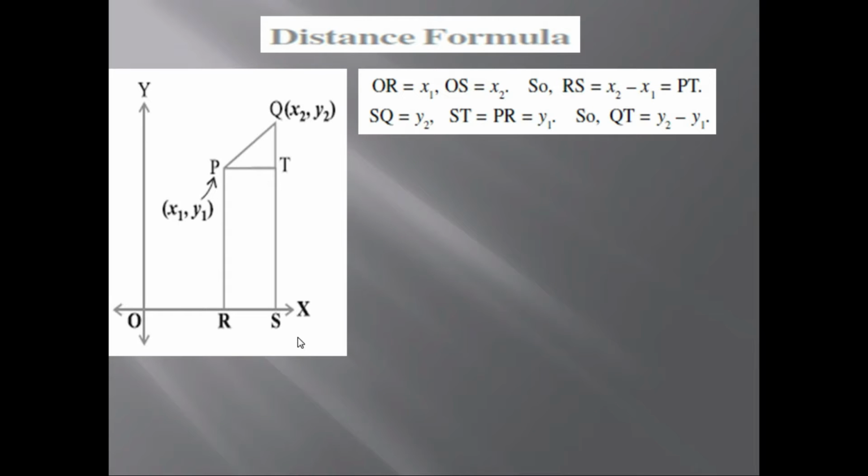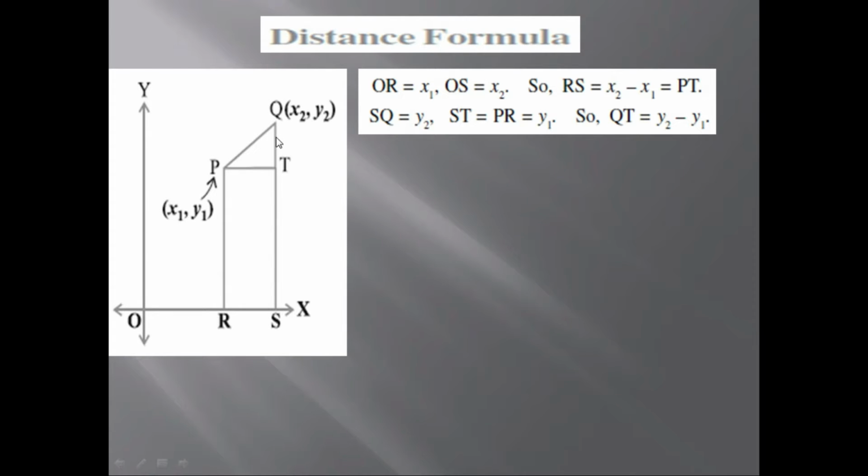So this is the length we are going to get, OR. Where is OR? This one. OR is equal to x1. Then OS is equal to x2. So RS and PT will be equal, and the length is OS minus OR. So it will be x2 minus x1. That is your PT.